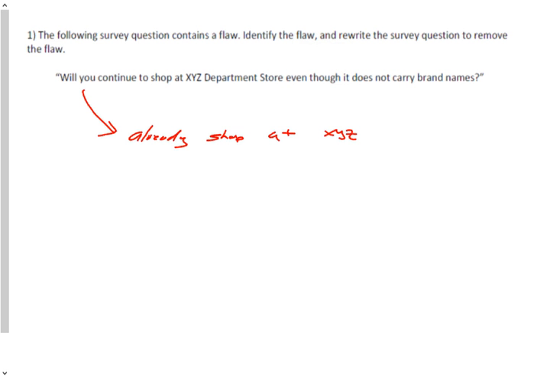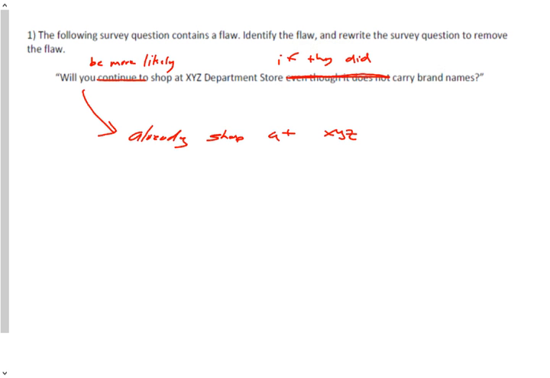And instead of will you continue to shop, let's put, would you be more likely to shop at this store if it did carry brand names? Because clearly the author of this question wants to know, does this brand name thing make a difference to my customers? If I went out there and started to carry brand names, would I have more customers? So that would be the flaw of that.